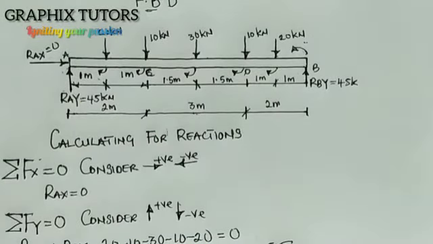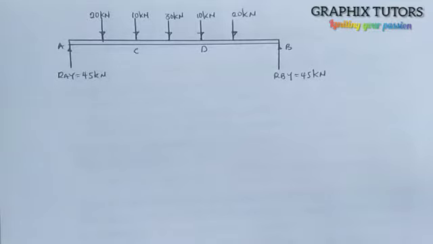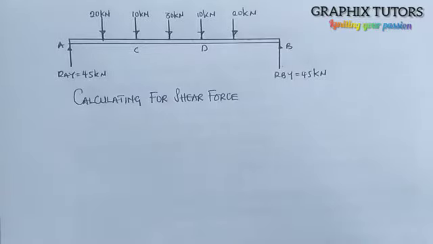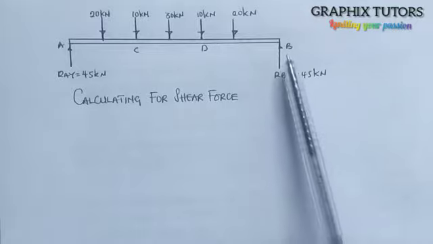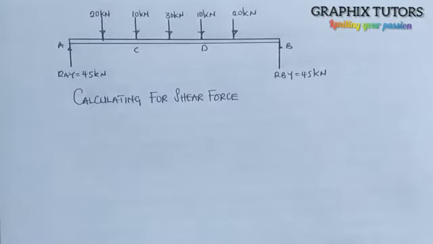Now the next thing we'll do here is to calculate for shear force and draw the shear force diagram, also calculate for bending moment, and also draw the bending moment diagram. Right? Now, things you need to know before you calculate for shear force. We calculate for shear force at different points, right?